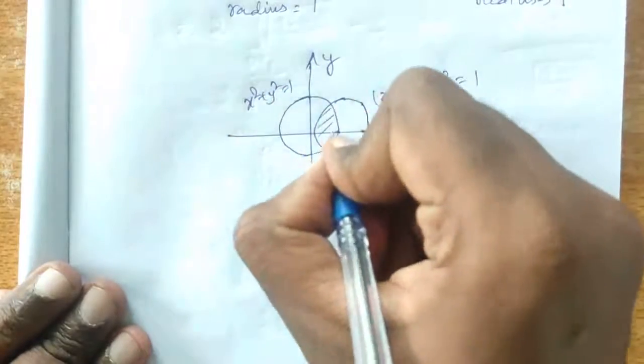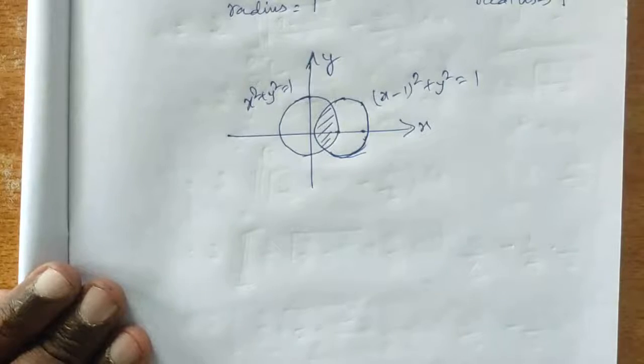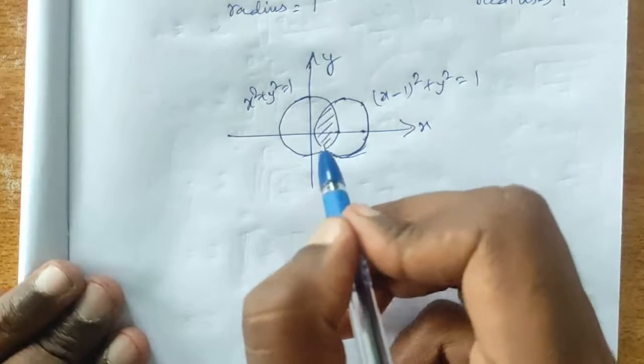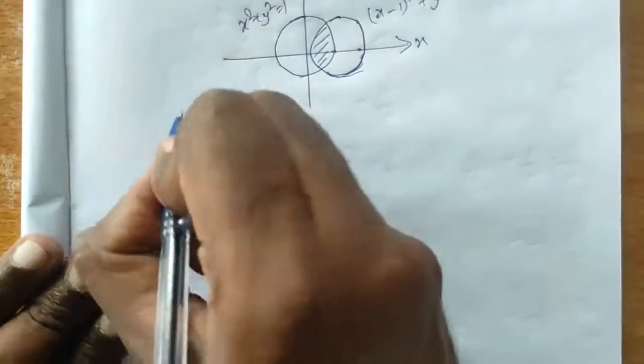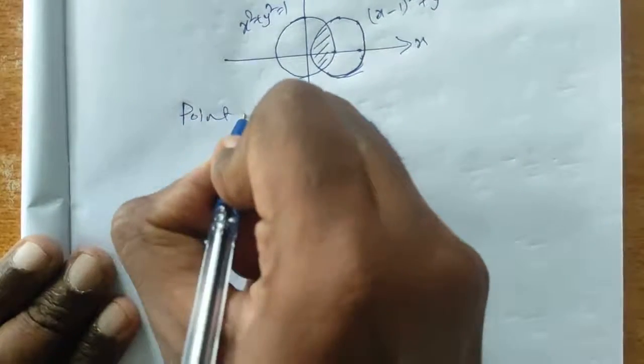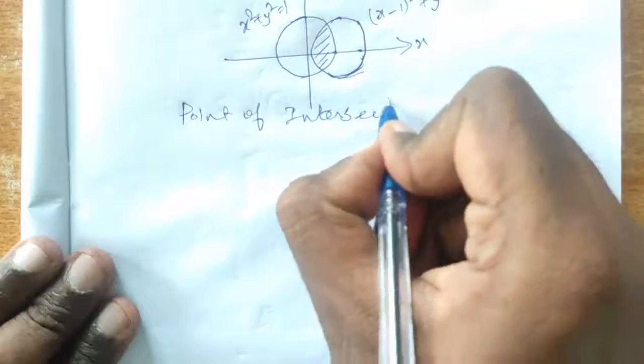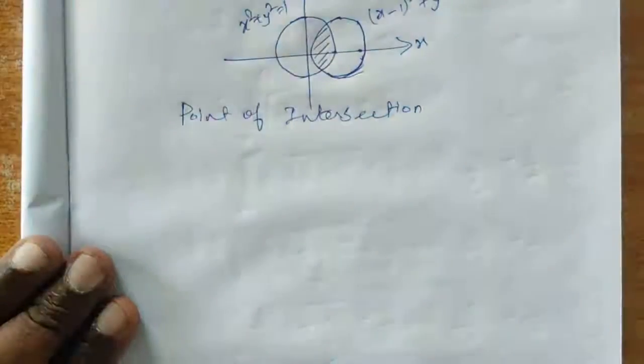Now this is the required area. Shaded portion is the region. We have to find the area. Now we have to find the point of intersection. These sums are very easy sums. Integration is a very important chapter in plus 2.